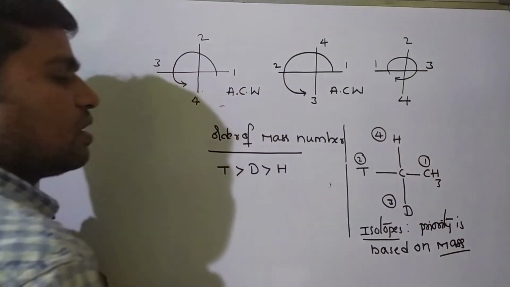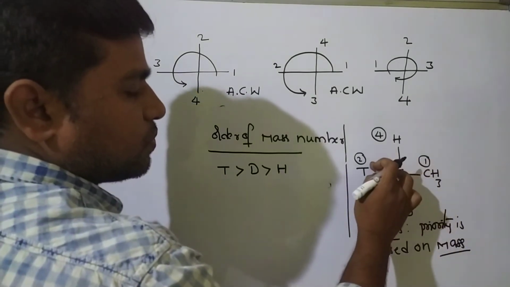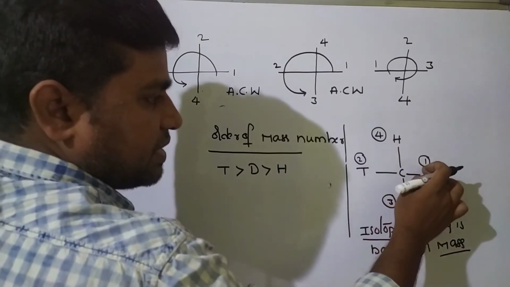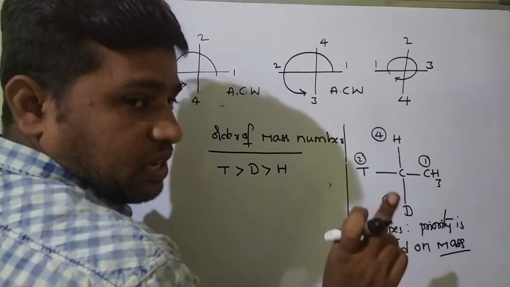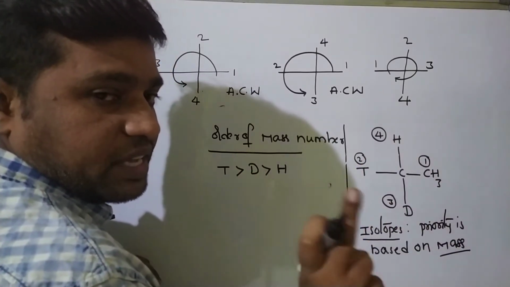Okay, students? Now rotation. 1, 2, 3. Not like this, 1, 2, again 3 and 4. That is wrong. Always we should find the shortest path.